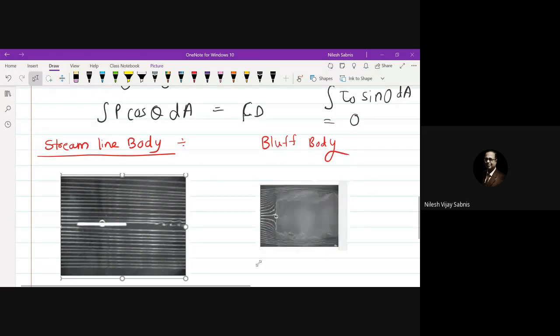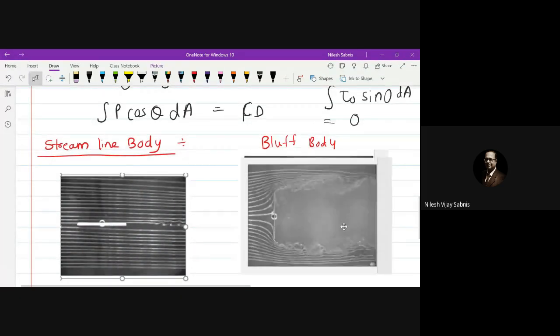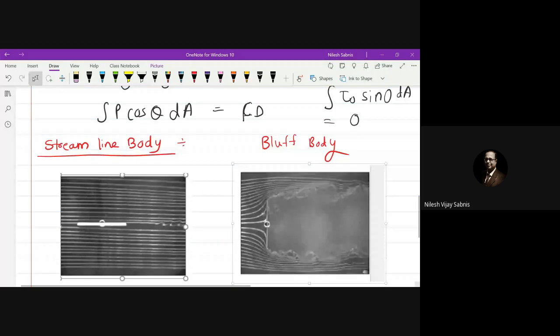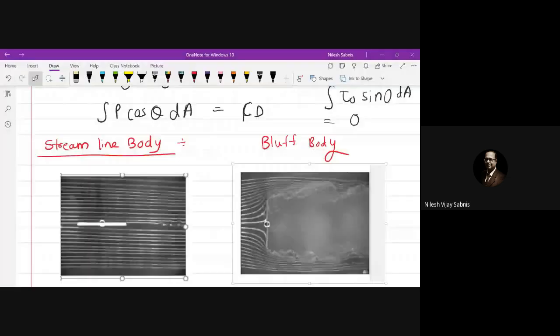So here is the bluff body. Bluff body means what? Whose surface does not coincide with the streamline when it is placed in the flow.